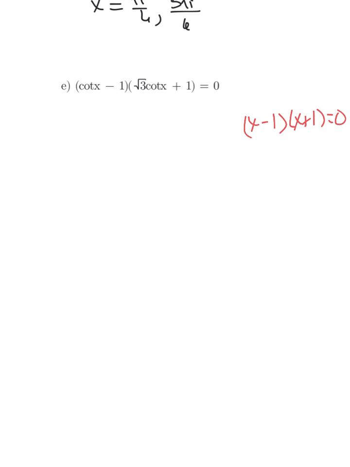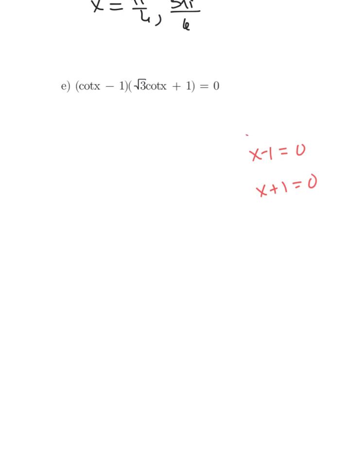You would set each one of those parts equal to 0 and solve it that way. This problem is exactly like that, except for the fact that it's got cotangents in it. So the process that we are going to use is exactly the same as if we had this x minus 1 times x plus 1.